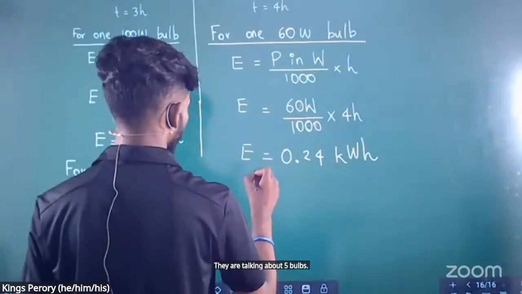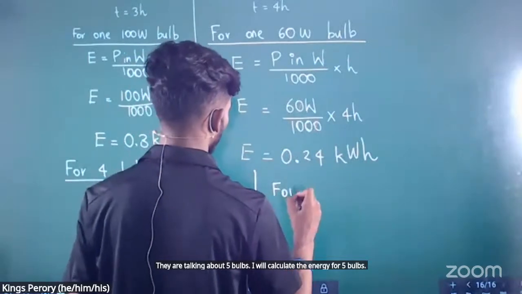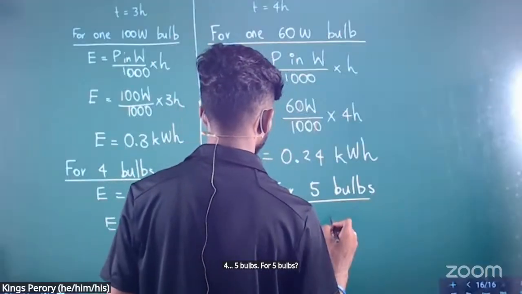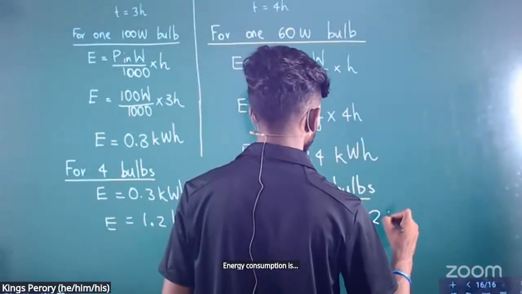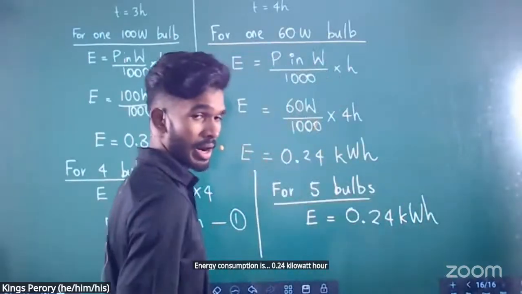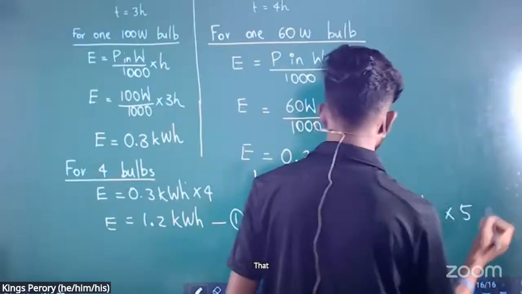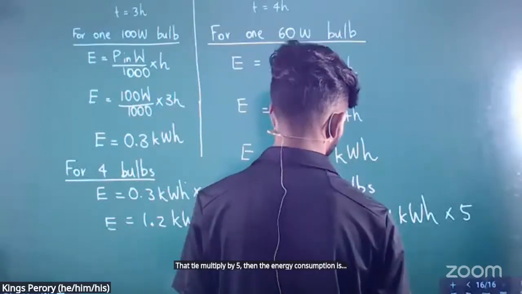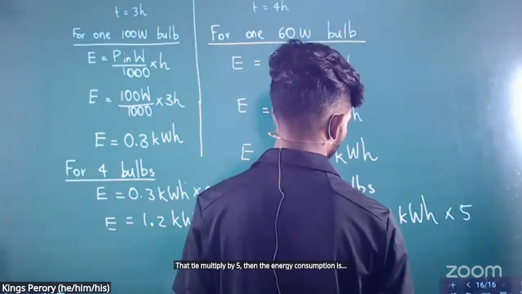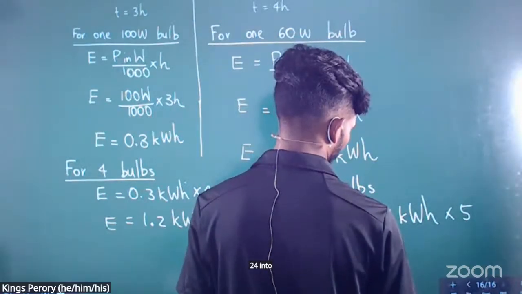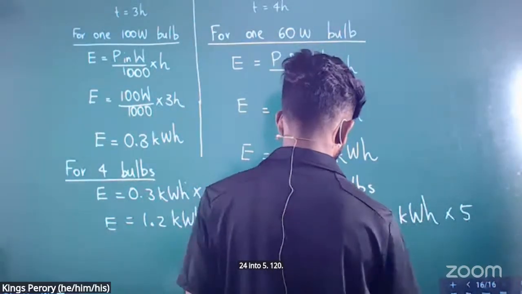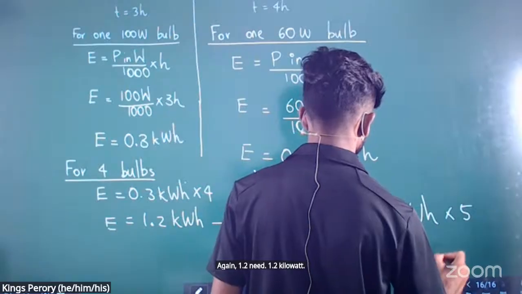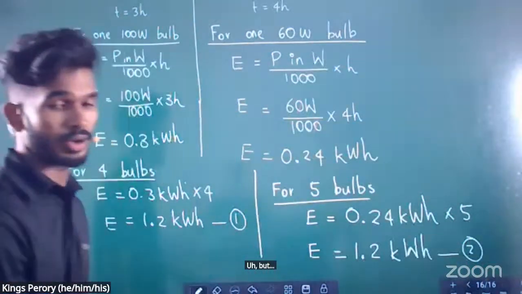So we'll calculate the energy for 5 bulbs. 0.24 kilowatt hour is for one bulb, and I multiply that by 5. 24 into 5, 120. Again 1.2 kilowatt hour.